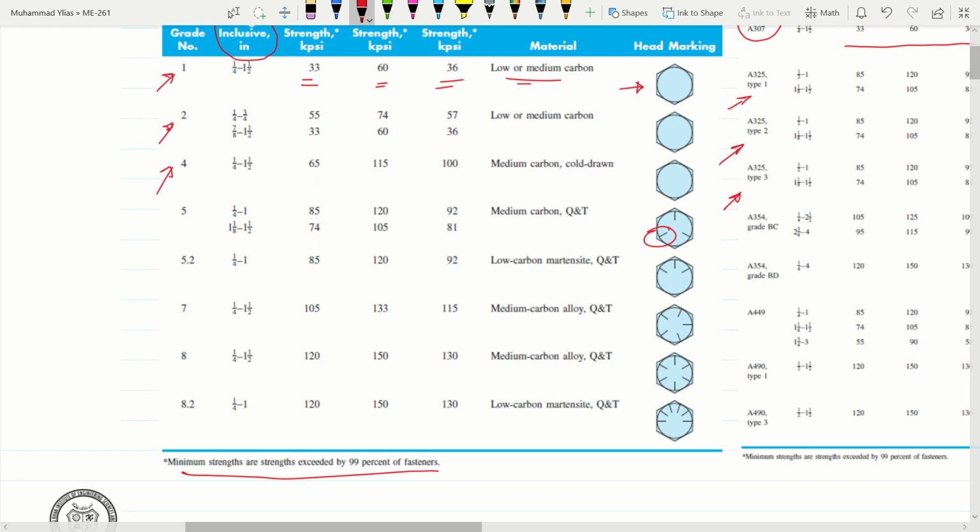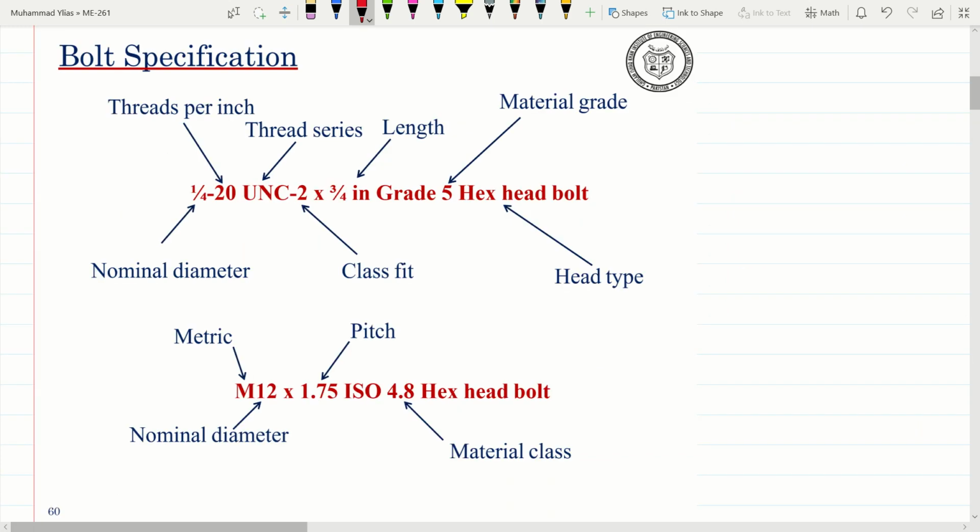Manufacturers are supposed to take various samples out of the batches which they are making and then test those samples, and therefore they've specified that these are the minimum strengths and these are being exceeded by 99% of the fasteners, which means the reliability of this manufacturer's bolts is 99%.